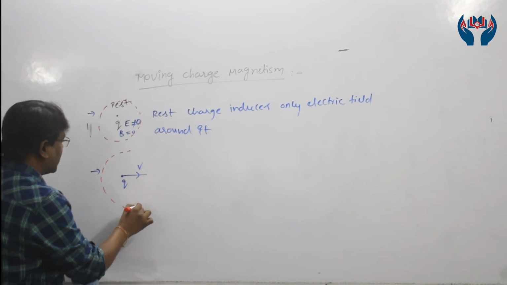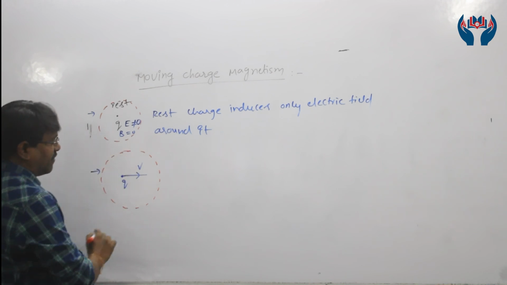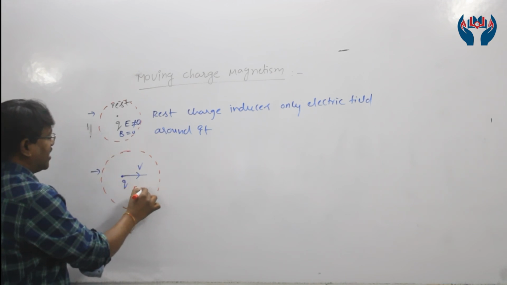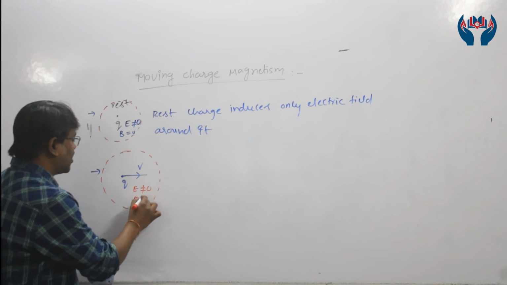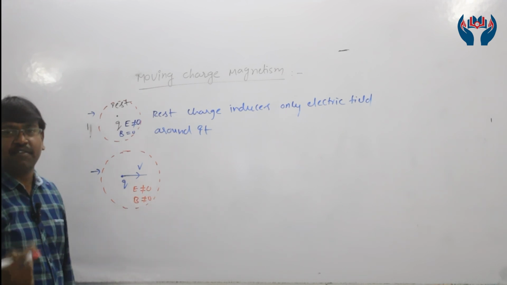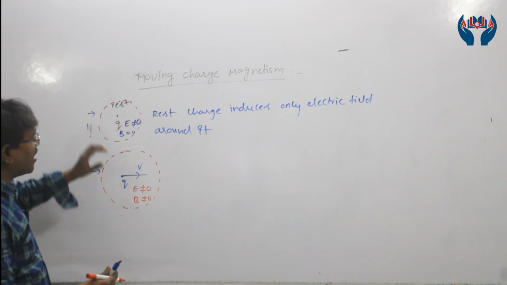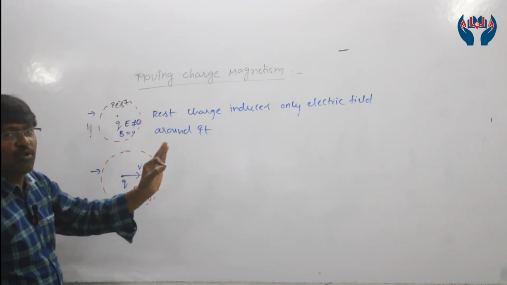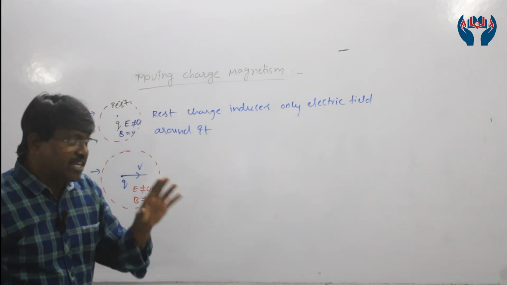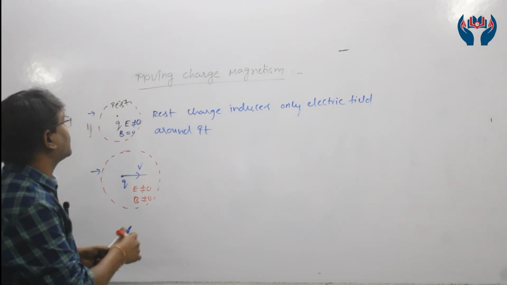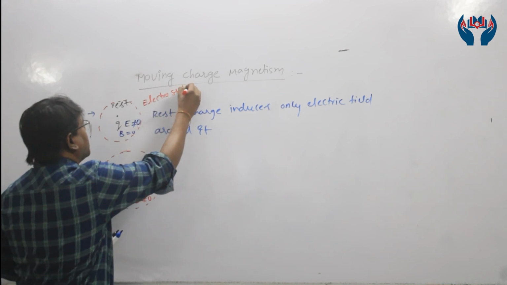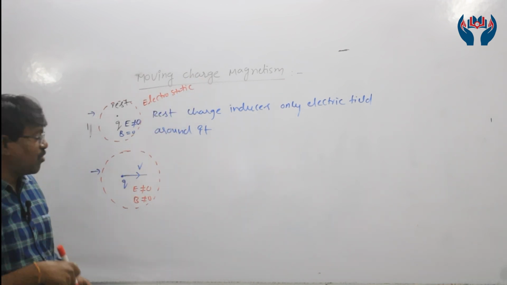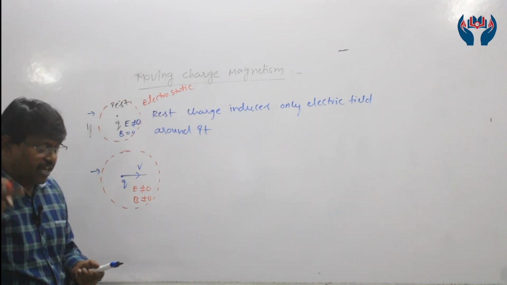E is not equal to 0, which means an electric field is induced, and B is also not equal to 0, which means a magnetic field is also induced. But rest charge induces only electric field, and that is called electrostatics. Moving charge induces both electric and magnetic fields around it.